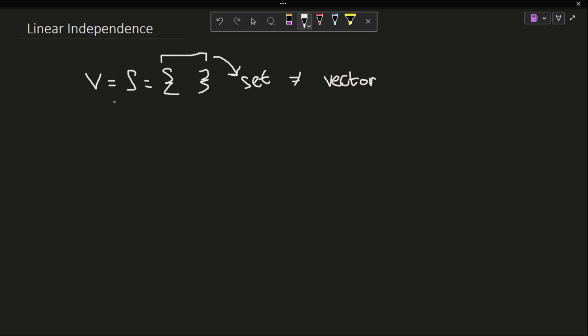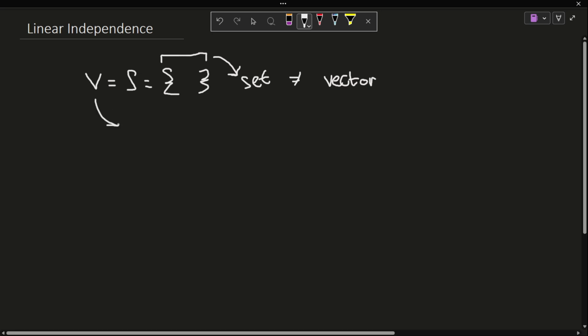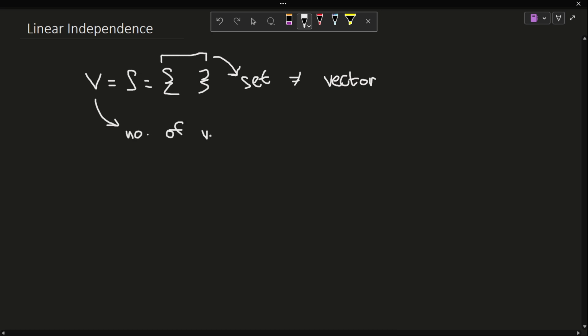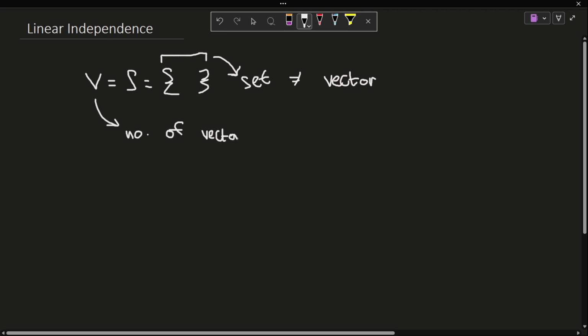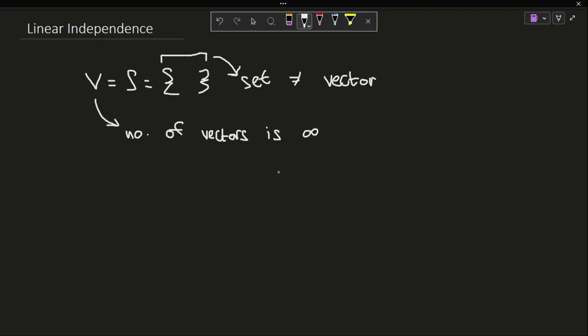But one of the main issues here is that the number of vectors in a vector space is infinite in most of the cases that we have seen and will see. Which means that we can't write every vector out.